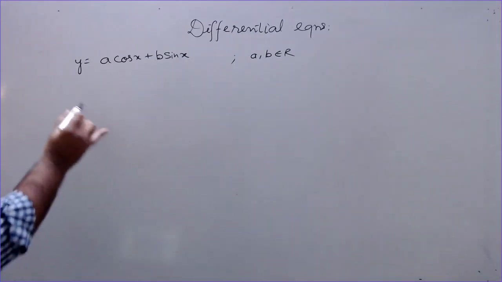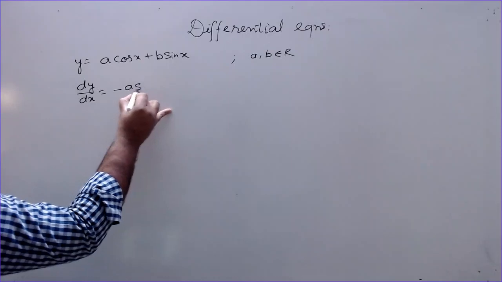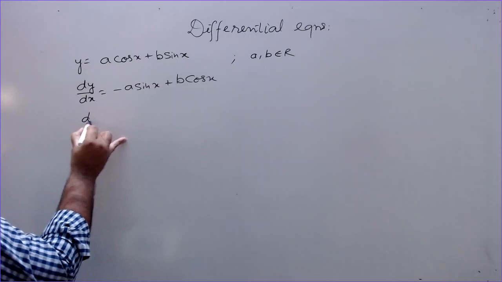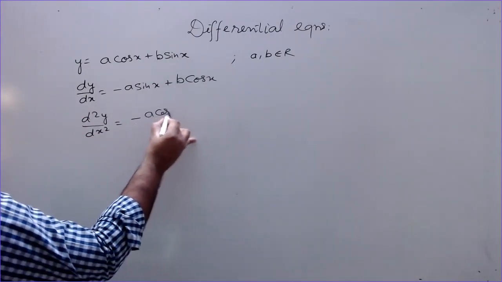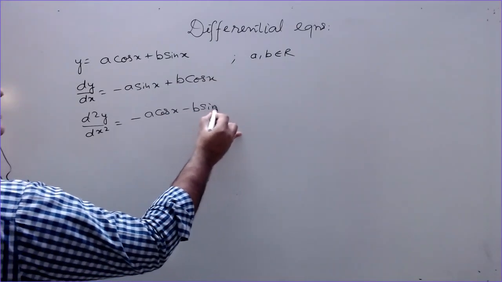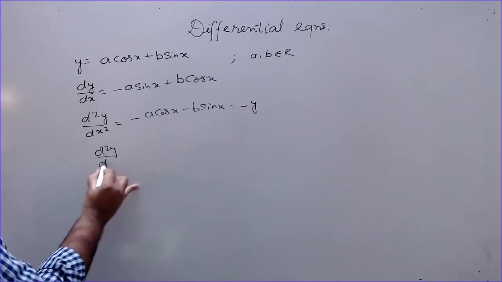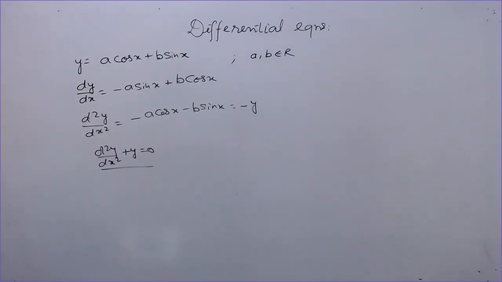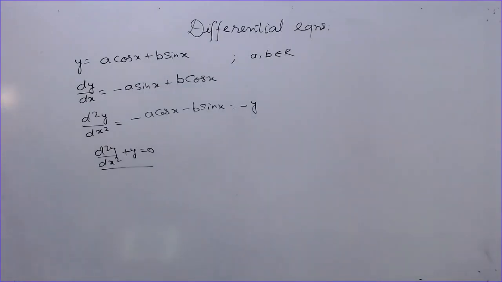If I find the first derivative, it is minus a sin x plus b cos x. If you find the second derivative, it is minus a cos x minus b sin x, which is equal to minus y, or d2y by dx square plus y equal to 0. This is the required equation with order 2 and degree equal to 1. So this way you can form the differential equation.